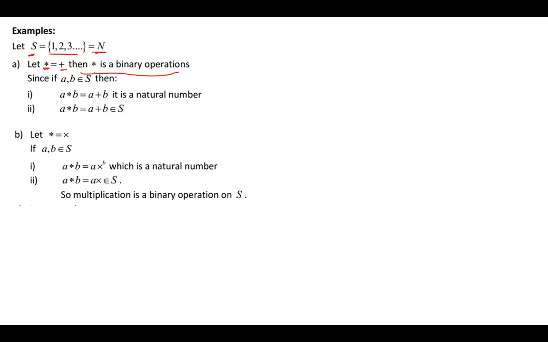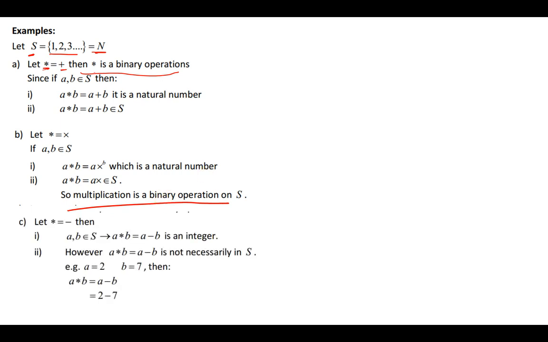So we try to do multiplication. If you multiply two natural numbers, the answer that you get will always be a natural number. Hence, multiplication is also a binary operation on the set of natural numbers.